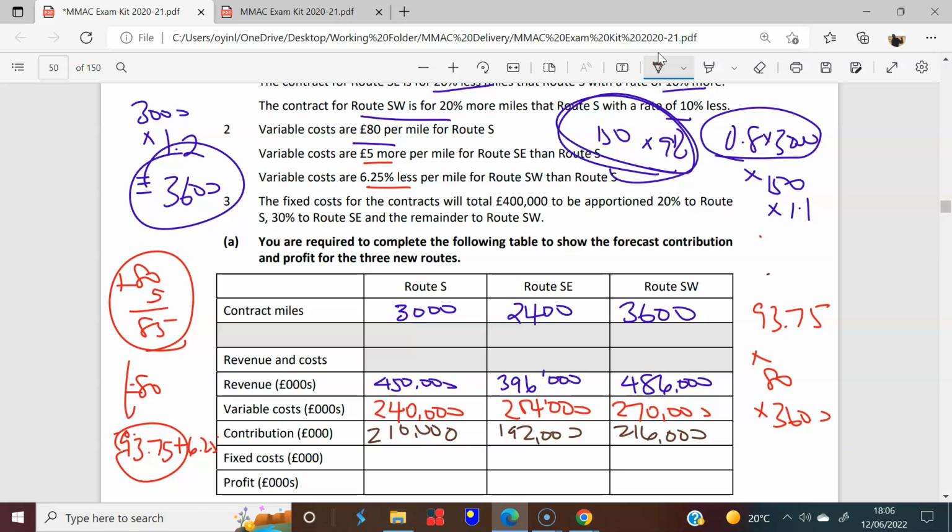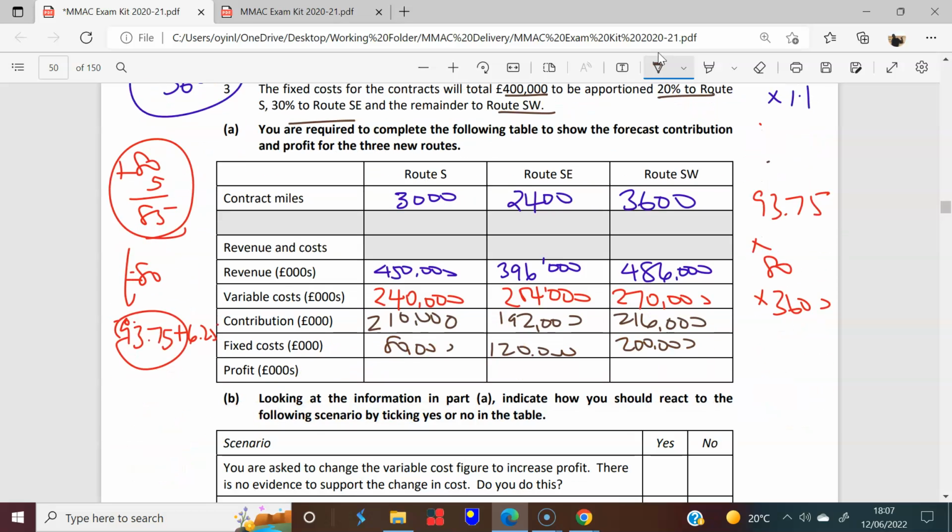Now let's look at fixed costs. It says that we're apportioning this 400,000, 20% of that to Route S, 30% to Route SE, and the remainder, so that's 50%, half of that, is going to Route SW. So half of that is 200,000, and 20% of that is 80,000, and 30% is 120,000. That's your apportioning of fixed costs, and then you take those away. 210 minus 80 is 130,000.